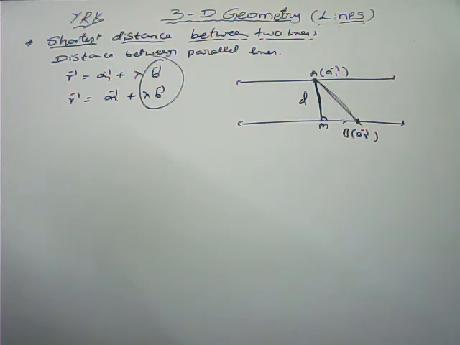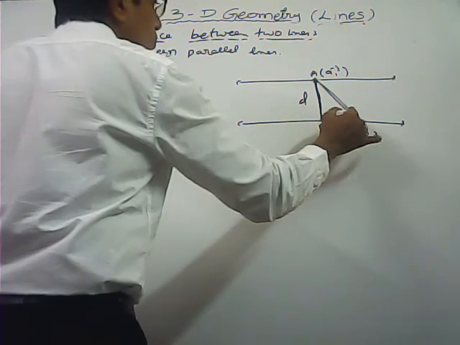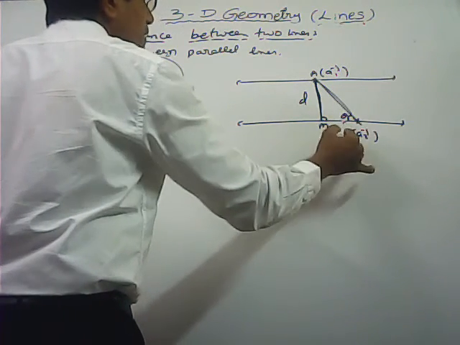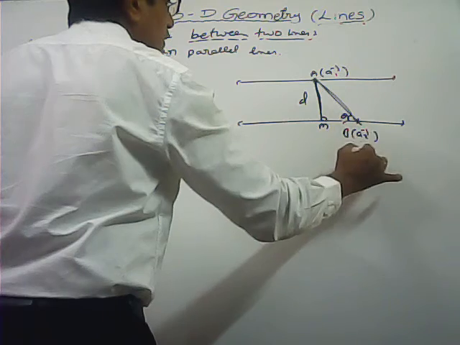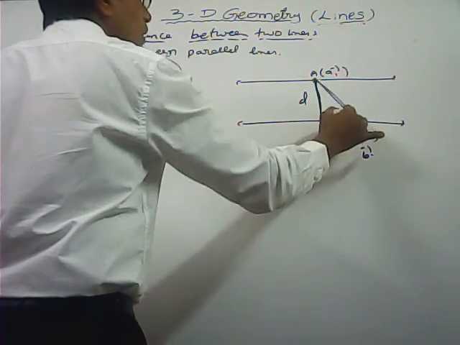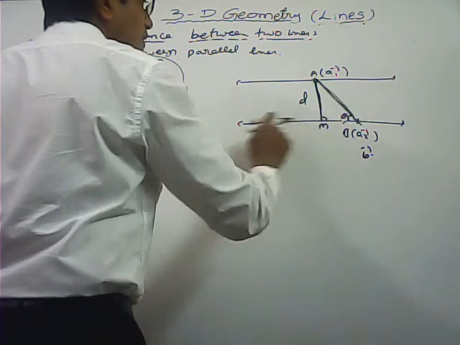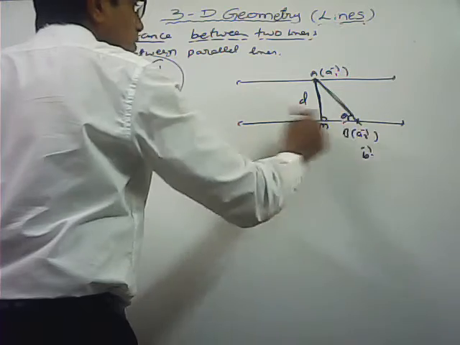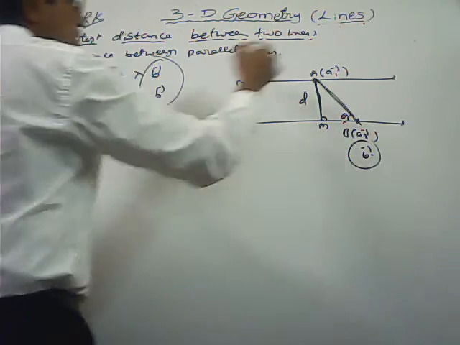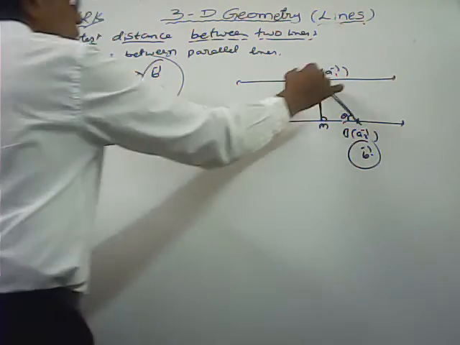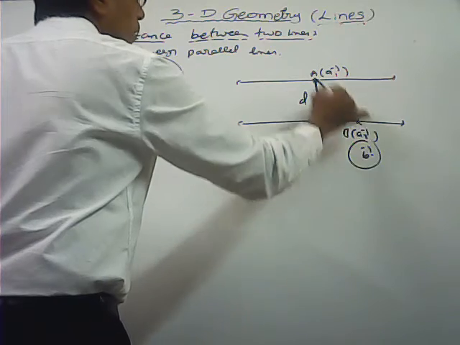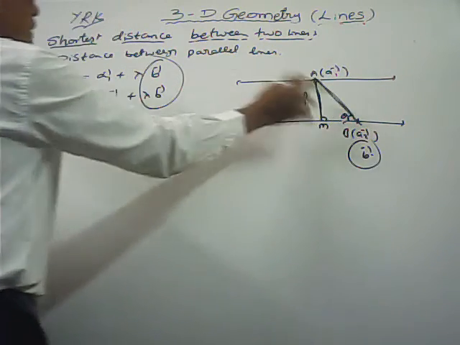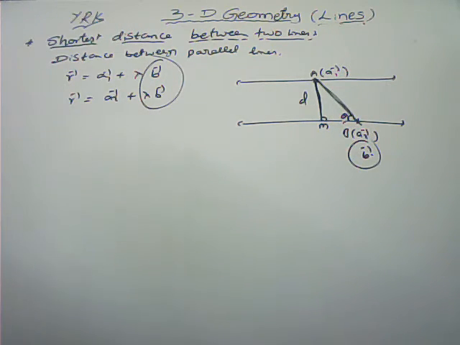Now the angle between these two I am taking as theta. Theta is the angle between, what about this one? This is B bar. And what about this one? Here this is parallel, what are the direction ratios of this line? B bar only. And AB bar is OB bar minus OA bar, A2 bar minus A1 bar.